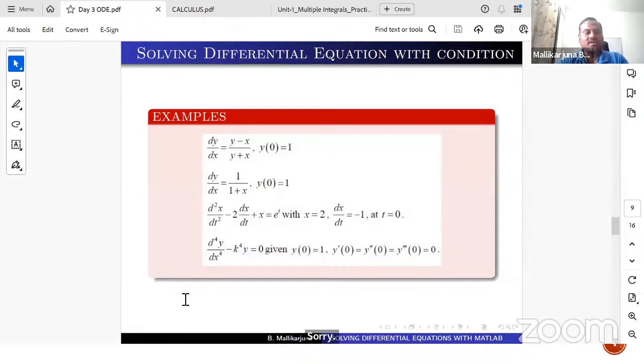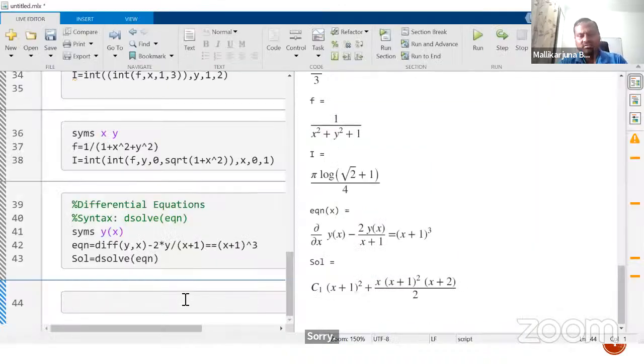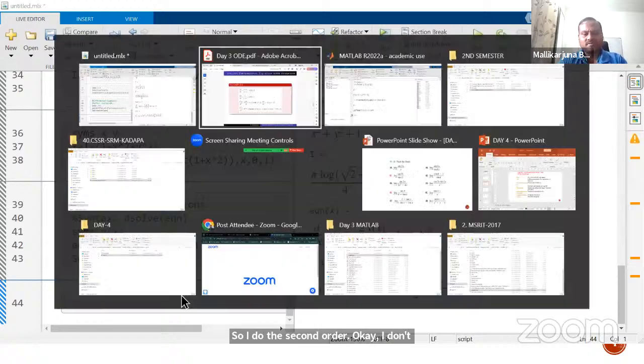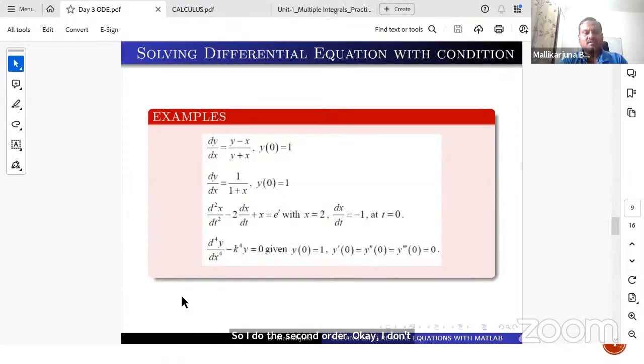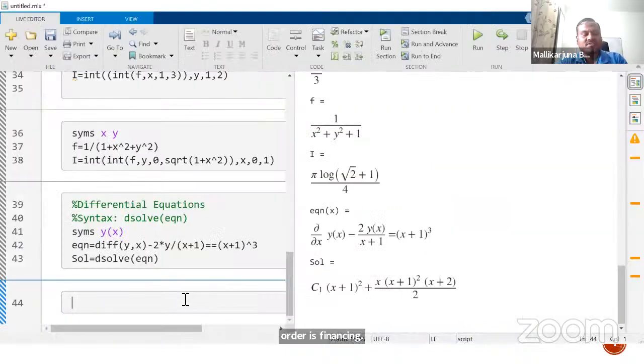But what is the syntax with conditions? Shall I do the second order? Okay, I'll do it, no issue. I will do the second order problem with the conditions, then you will get an idea, madam.